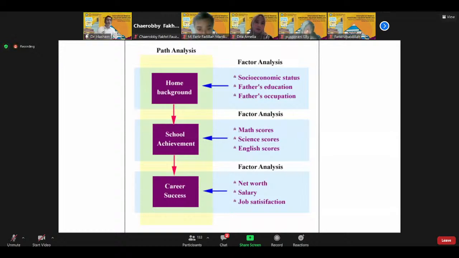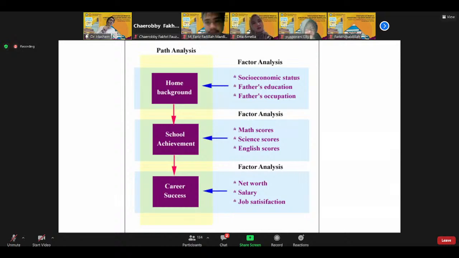For example, socioeconomic status: father's education, mother's education, father's occupation. Also educational study, school achievement: math score, science score, and English score. And then career success, like salary and job satisfaction, right? So for factor analysis, we just find the factor loading of every measurement, every small variable, how to relate them together, how we can categorize them.